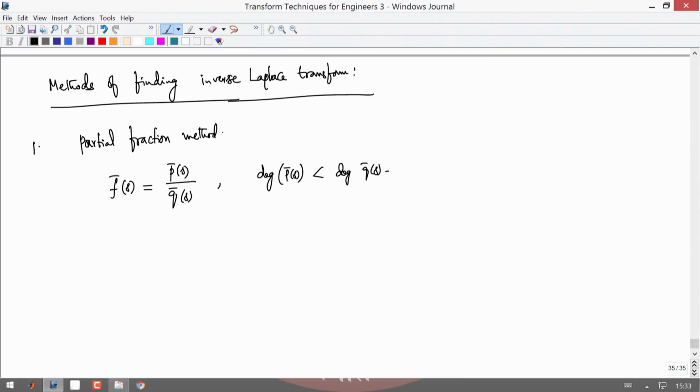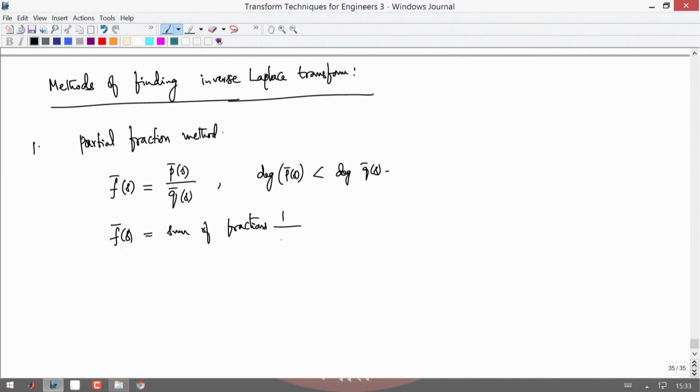Okay. Then you can write this F bar of s as a sum of partial fractions. Let me write what I mean by fractions.